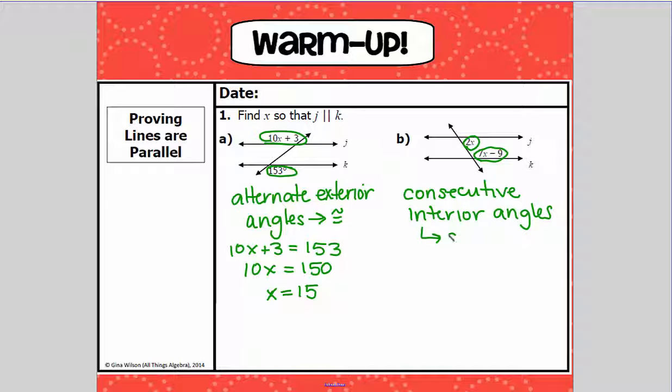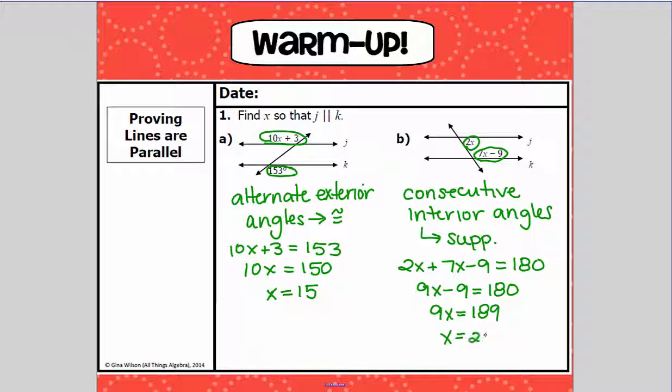So they are supplementary. 2x plus 7x minus 9 will be equal to 180. 9x minus 9 is equal to 180. 9x is equal to 189, and x is equal to 21. If you happen to call these same side interior angles, that would be okay as well.